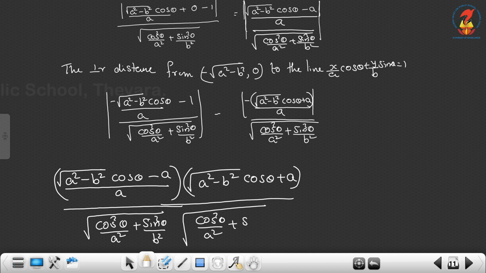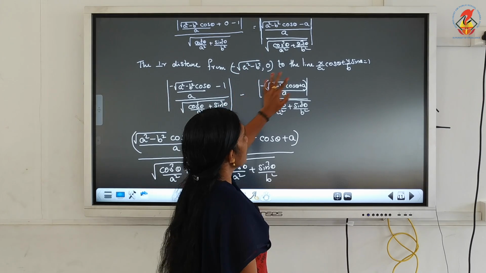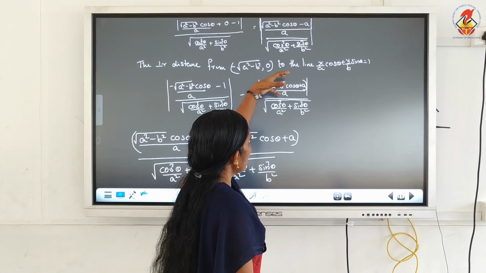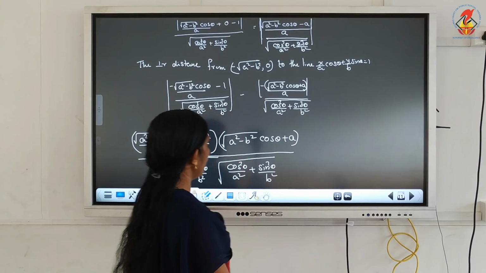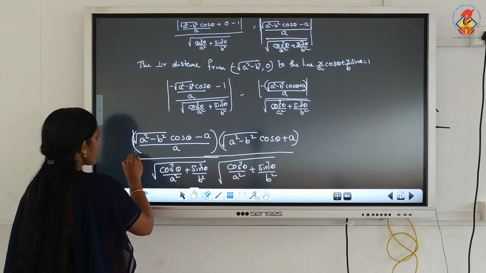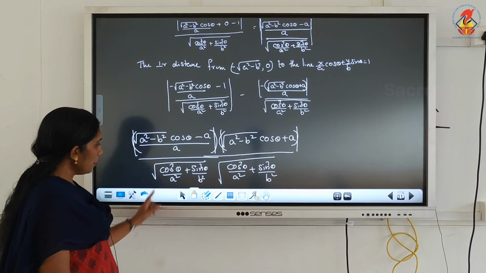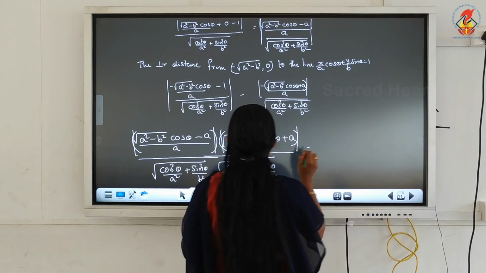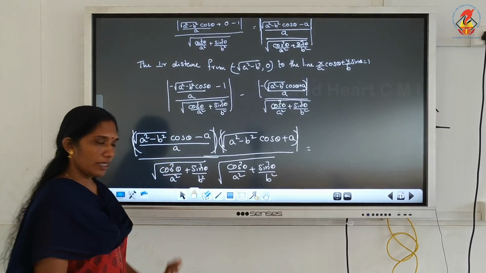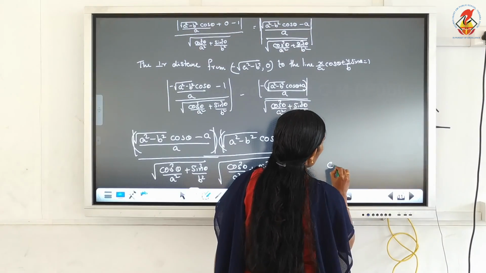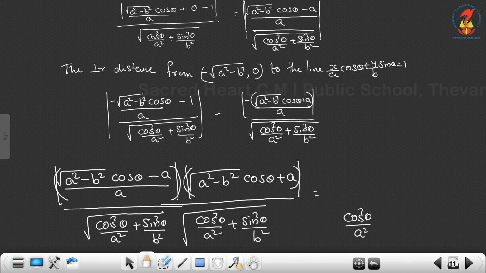When we take minus outside, the modulus of minus means you have to write whatever is inside. So actually this is in the modulus. Now the denominator is the same, so the root sign will go, just cos square theta by a square plus sin square theta by b square. What is in the numerator?